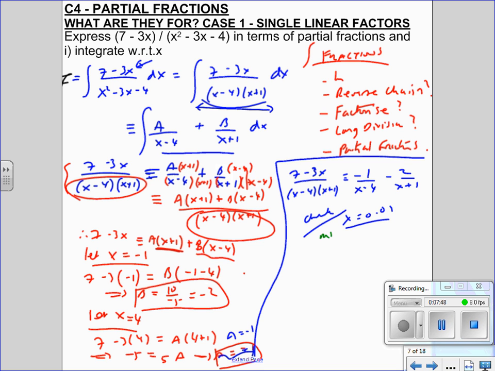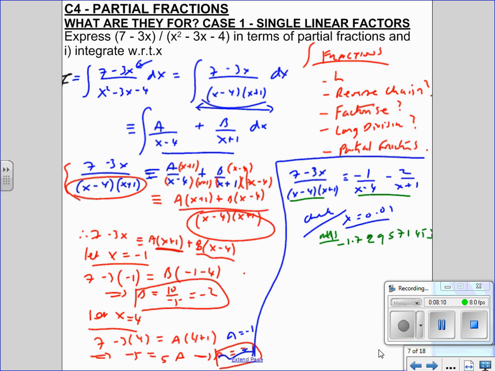So if I whack that into here, the difference between the people who do well in maths are the ones who check, and C4 is so checkable, there really is no excuse to be walking away from something that's wrong. So I whacked it in there, and now I'll whack it into the original, so 0.01 into there.